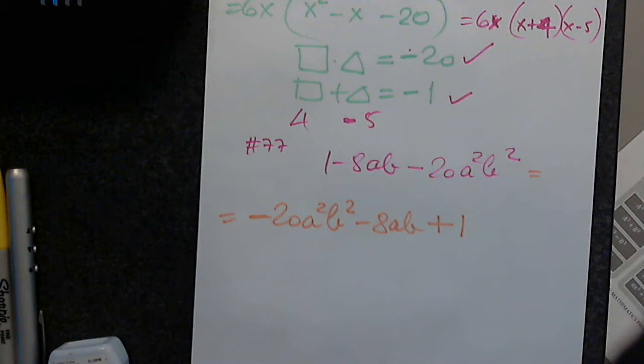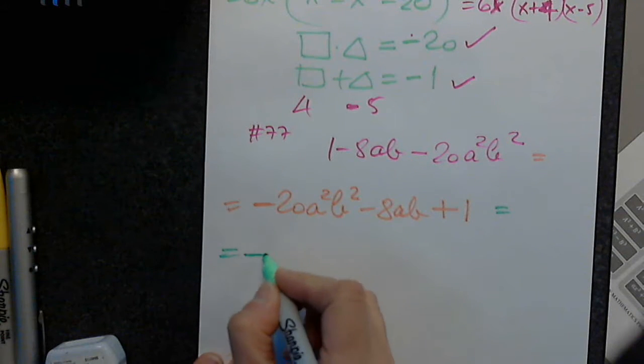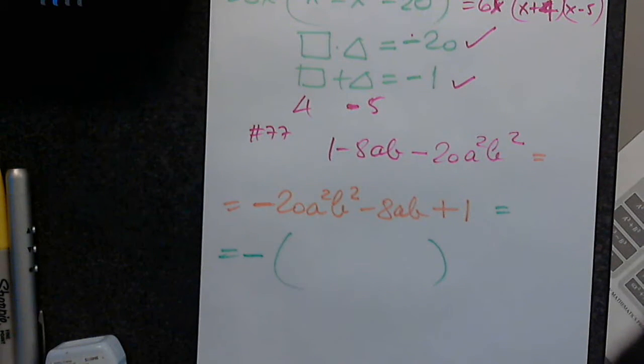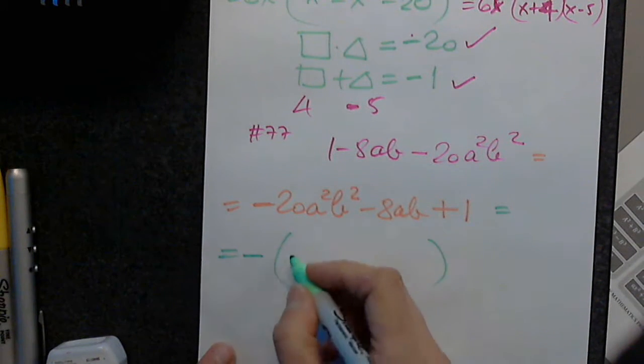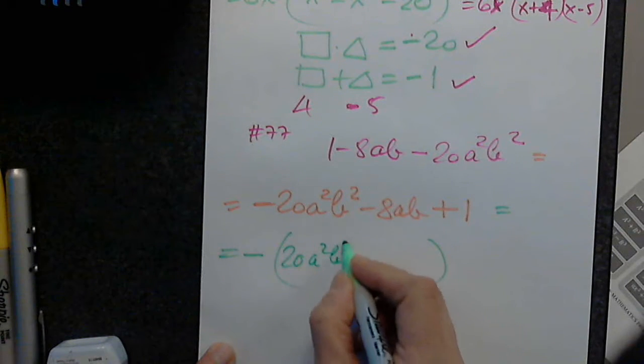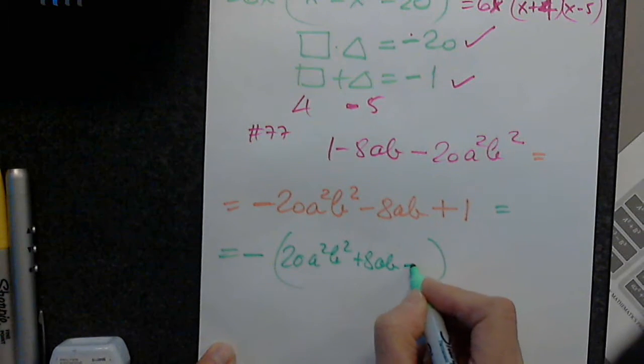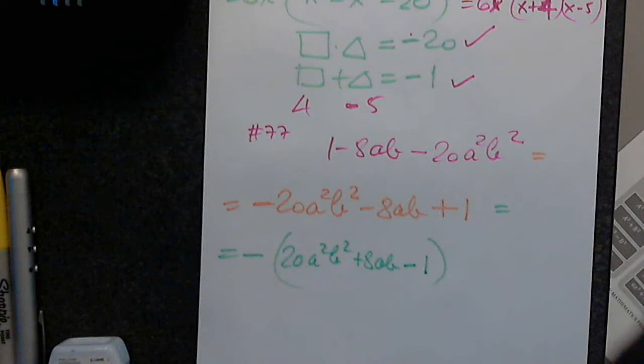Secondly, I see there is no greatest common factor. Negative 20a squared b squared, minus 8ab and positive 1 do not all have a common factor that I can pull out. However, there is a negative leading coefficient that I will pull out. What is left in parentheses? 20a squared b squared plus 8ab minus 1. Awesome.